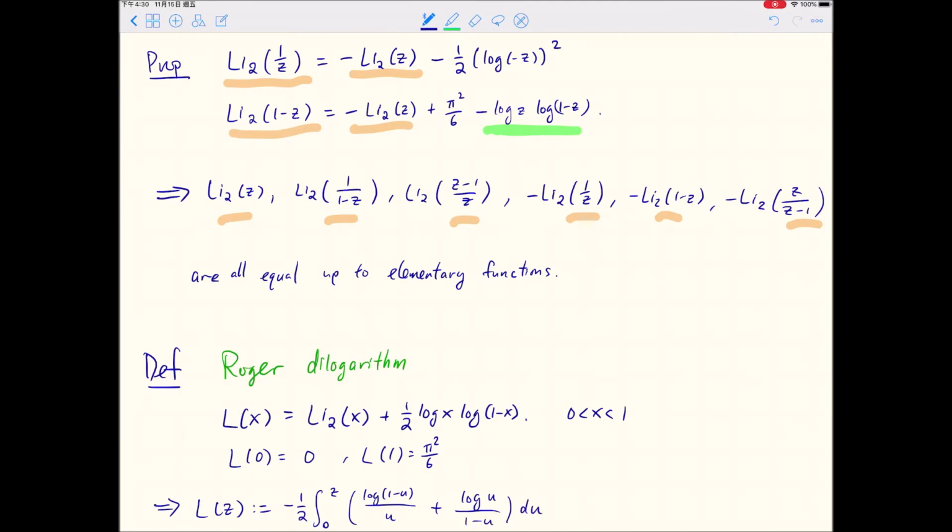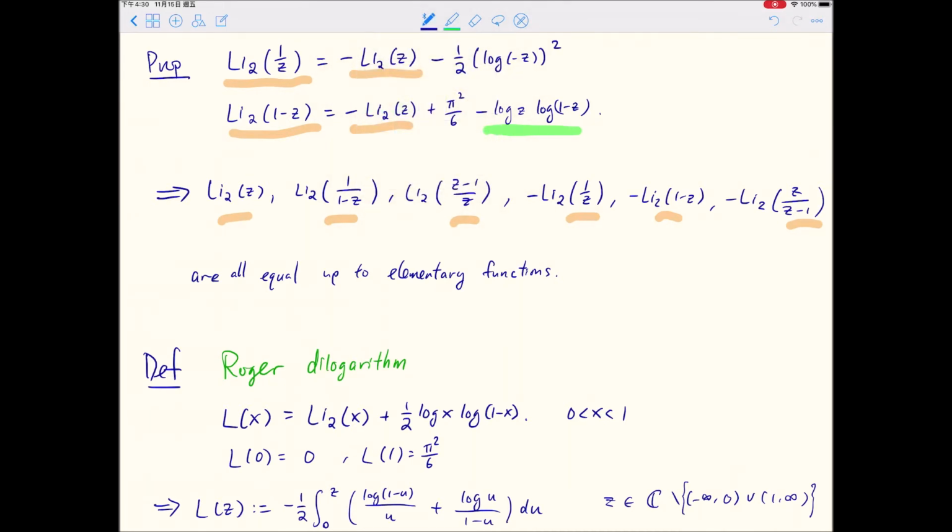So here the z will have a branch cut on the negative reals and the positive reals.